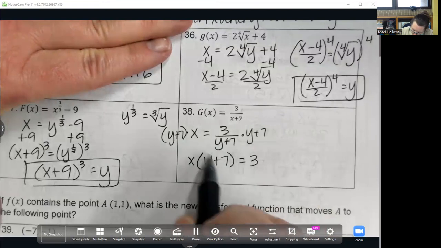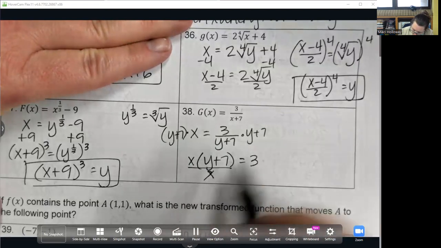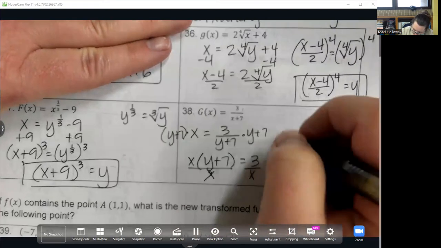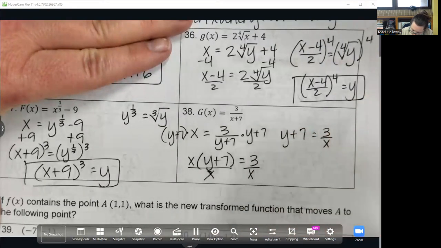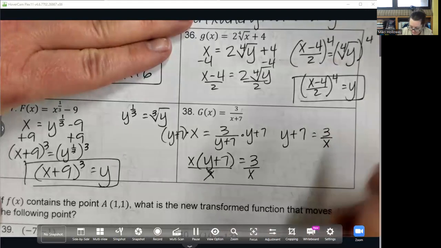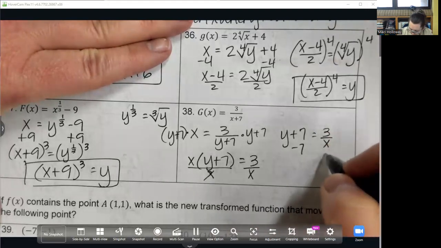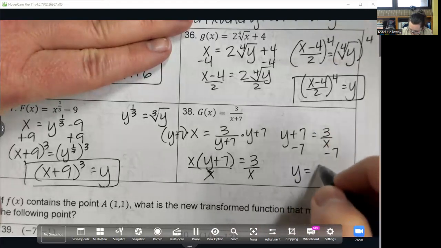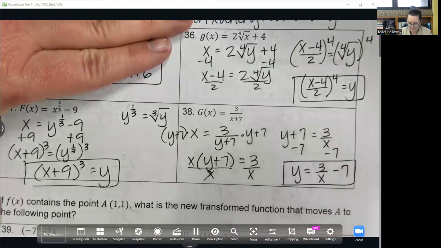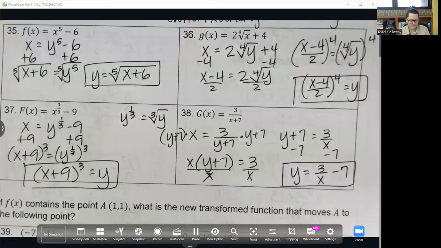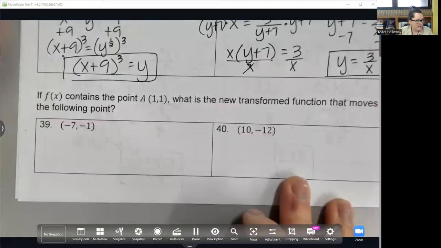But I want to get my y alone, so I'm going to divide by x. So I have y plus 7. And that helps me get rid of those parentheses when I divide by that x. Subtract 7, and we have y equals 3 over x minus 7. It's all about manipulating, right? Manipulating that algebra.